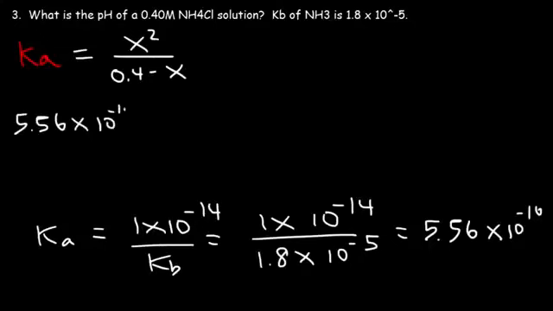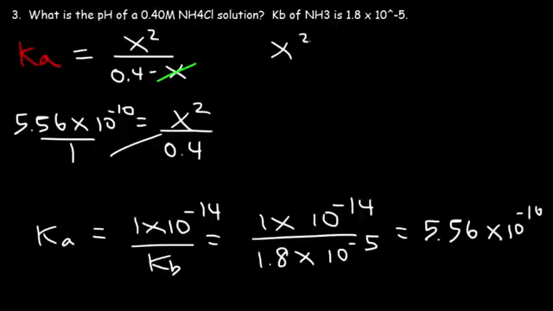So therefore, we can neglect this x value. It's going to be insignificant. Now let's cross multiply. So we're going to have x squared, which is equal to 0.4 times 5.56 times 10 to the minus 10.